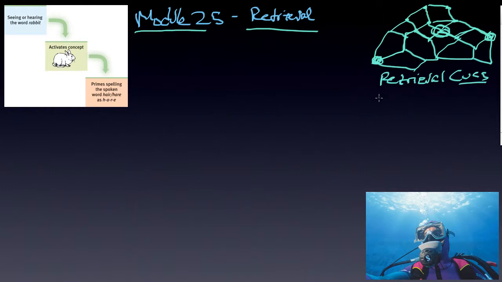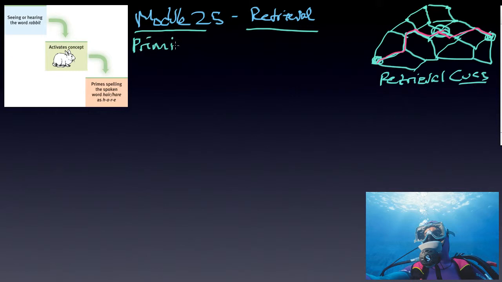So to retrieve a specific memory, we need to identify one of the strands that actually connects to it, like this one. Let me use a different color so that you can see what I mean. I can follow this strand and it will get me to this information, or I can use this strand that will get me to this information. And each one of those is something that we refer to as priming.